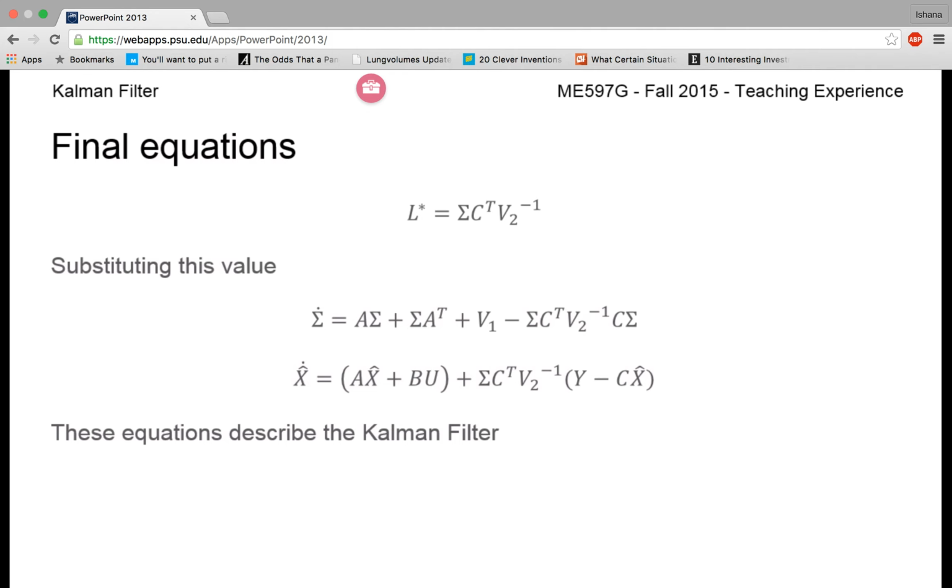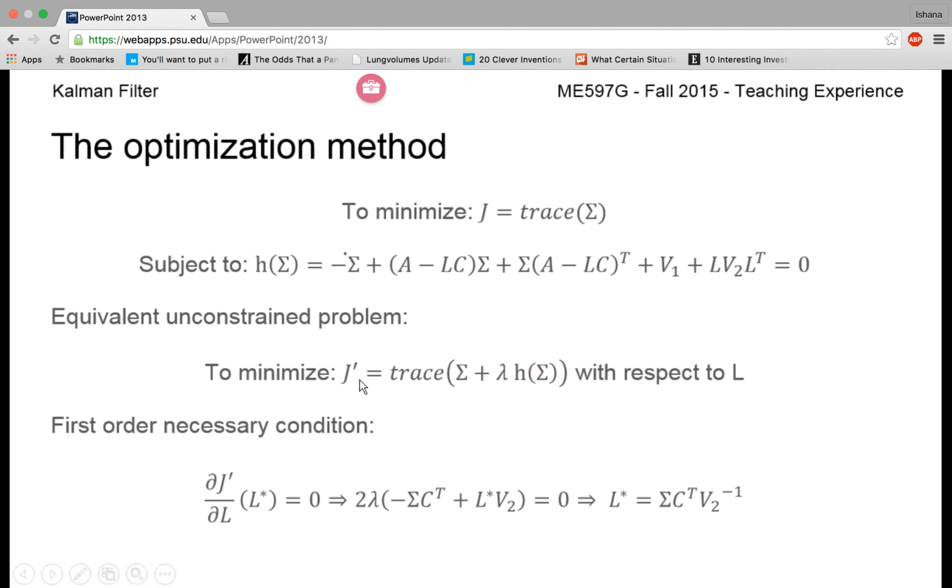And now finally, to get the final Kalman filter equations, we substitute this gain. This is the Kalman filter gain, and this is what makes it the Kalman filter as opposed to any other observer, since this is the gain at which this cost, the trace of epsilon, is minimized.